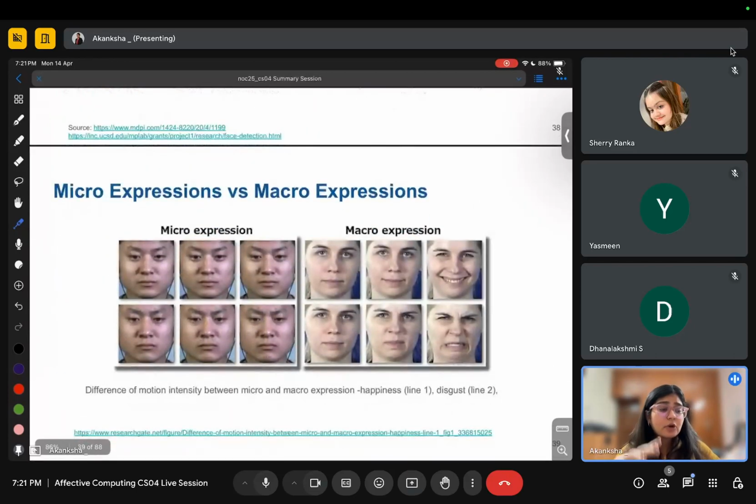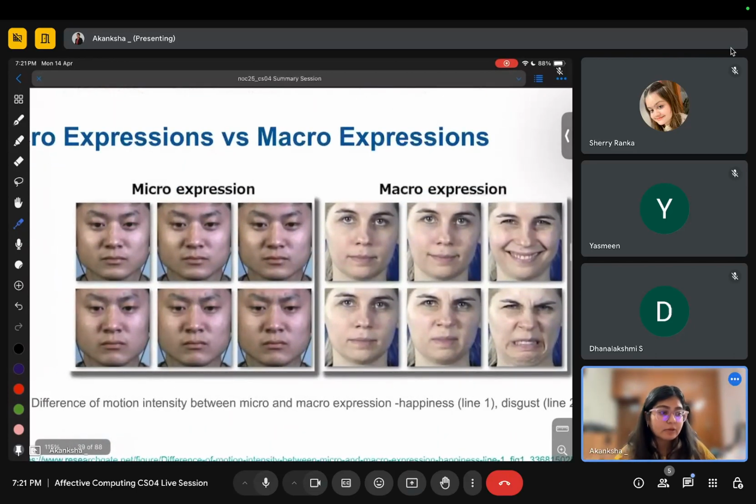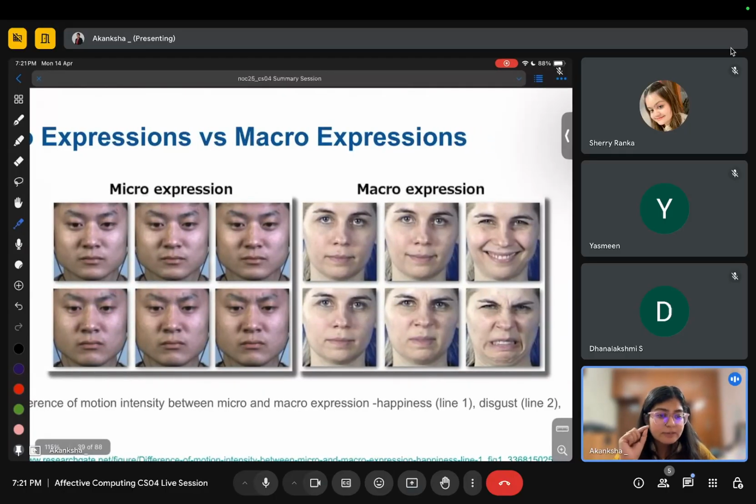Then comes the concept of micro expressions versus macro expressions. So what are micro expressions? They are subtle expressions. Let's say there might be some situation where your friend is making you laugh but you cannot laugh in front of the teacher, so your face has a slight smile, that smirk you can say is there on your face, but it is not showing up that much, but still you can guess from that smirk that the person is trying to laugh or is in a happy state, okay.